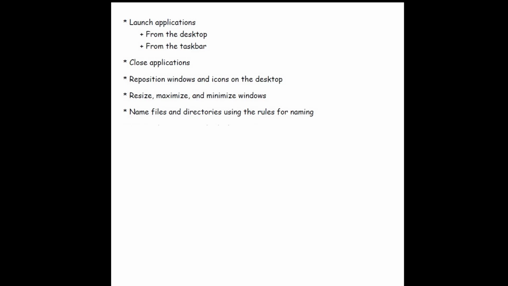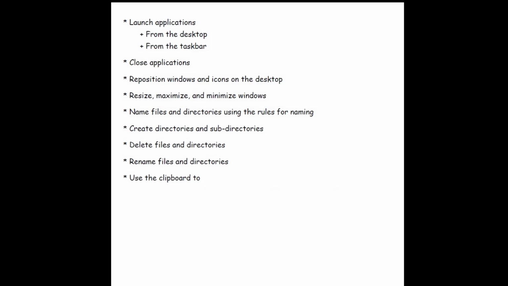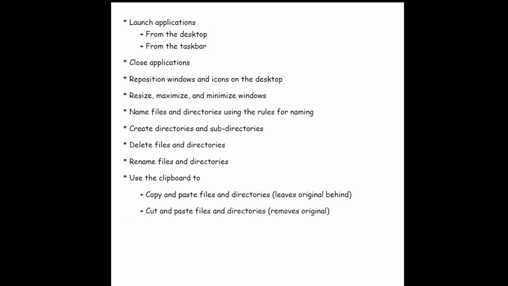Name files and directories using the rules for naming. Create directories and subdirectories. Delete files and directories. Rename files and directories. Use the clipboard to copy and paste files and directories, which leaves the original behind, or cut and paste files and directories, which removes the original.